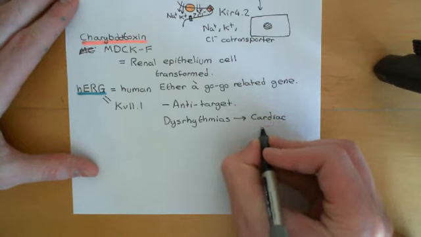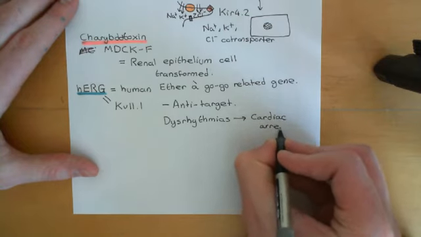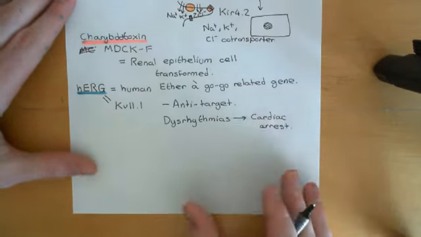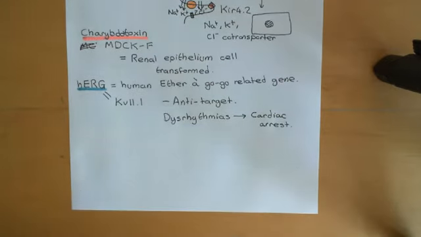In fact, if you're not already at an operating table, it's very difficult to do anything about cardiac arrest. So that's one of the reasons many drugs fail: they lead to dysrhythmias in the heart because they block the human ether-a-go-go related gene potassium channel, and cause fatal cardiac arrests.